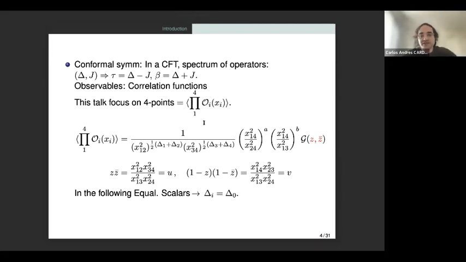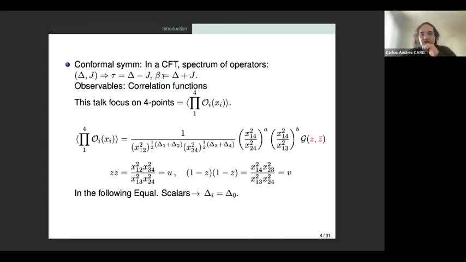Let me introduce some notation. In conformal field theories, the quantum numbers that we use to identify operators are the conformal dimension and the spin. I'm going to be using interchangeably both the twist, which is defined by this subtraction, and the conformal spin, which is defined by this addition.